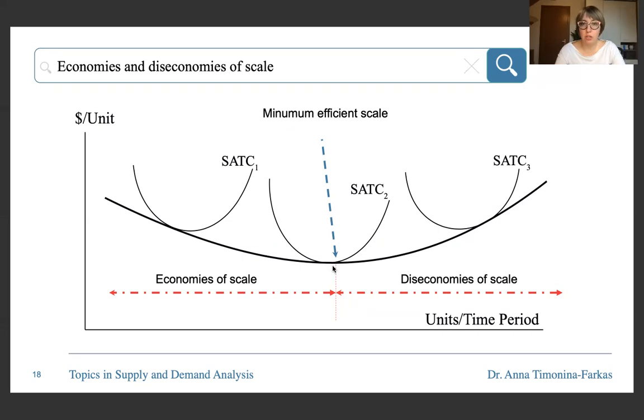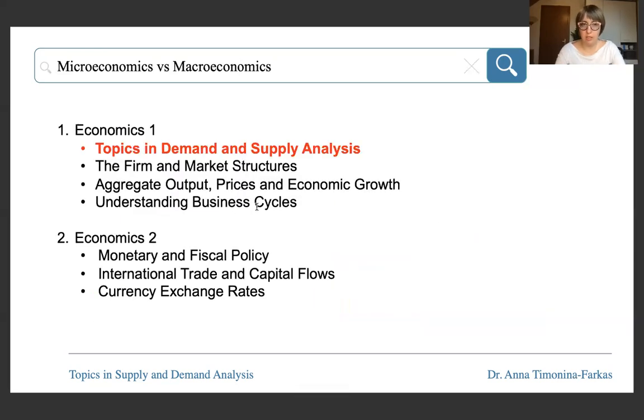So minimum efficient scale is the minimum point of the long run cost curve, and it corresponds to the point at which a company in perfect competition must operate to stay in the market. This covers the reading of demand and supply analysis, and we are going to continue with the firm and market structures afterwards.